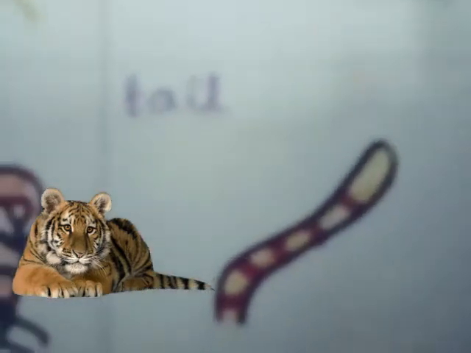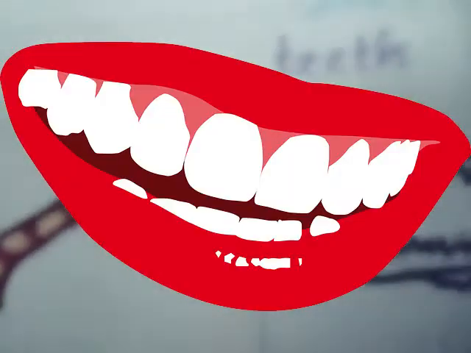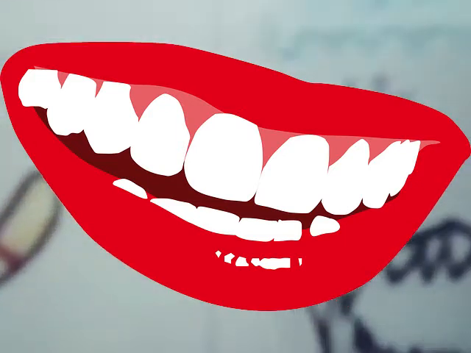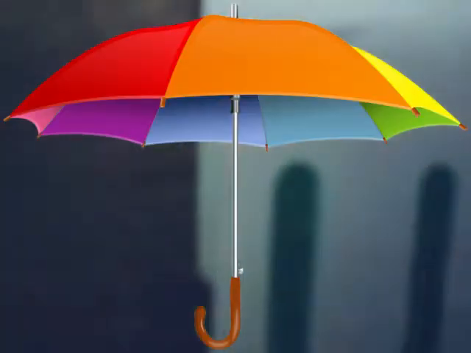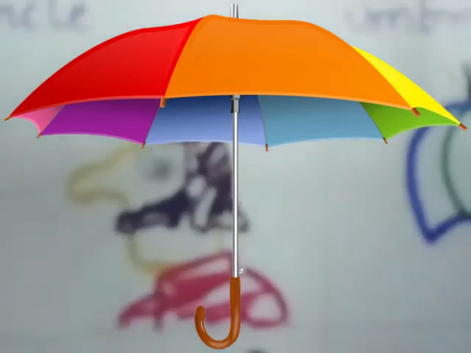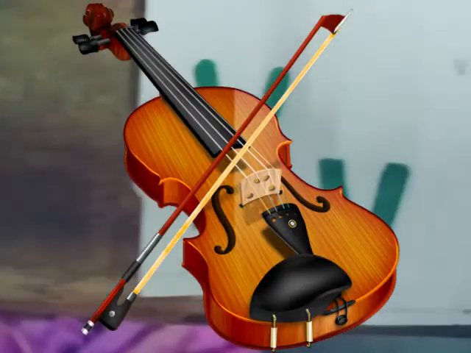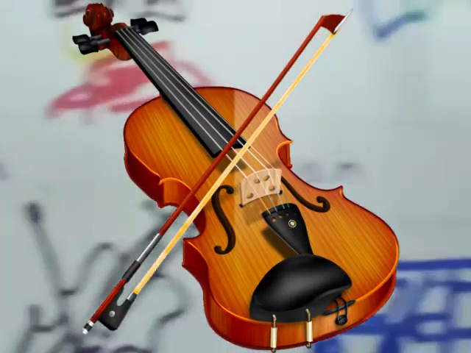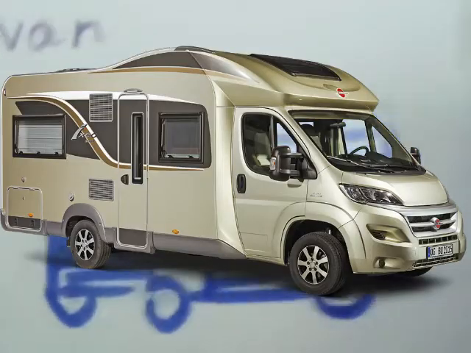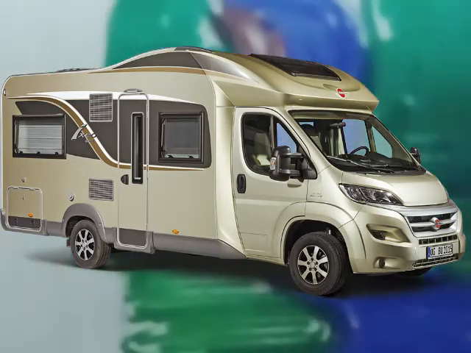T, tail. T, teeth. U, uncle. U, umbrella. U, upstairs. V, violin. V, van. V, valley.